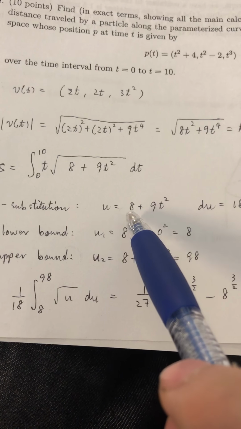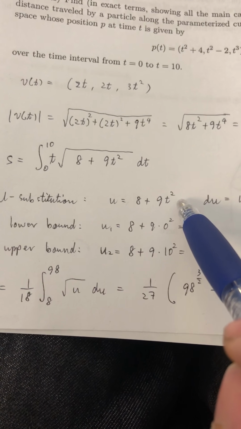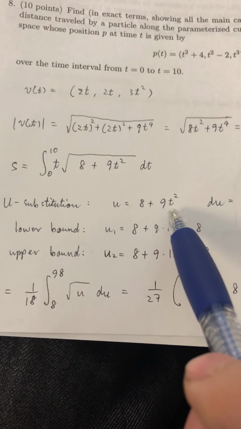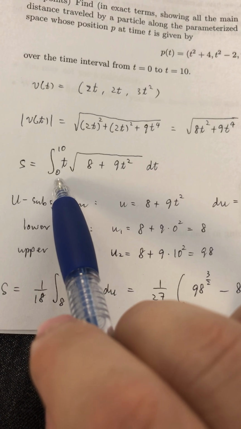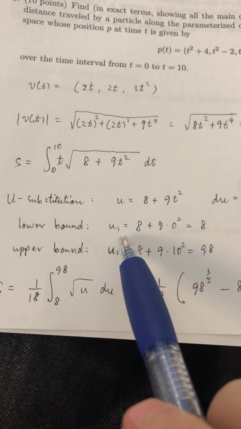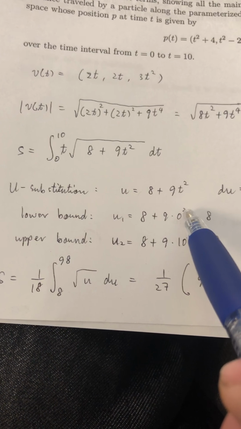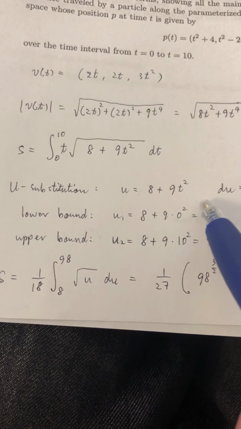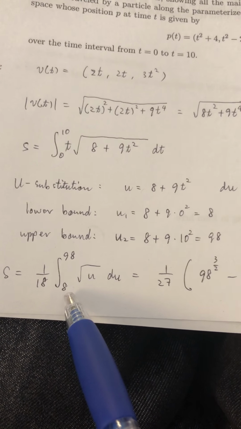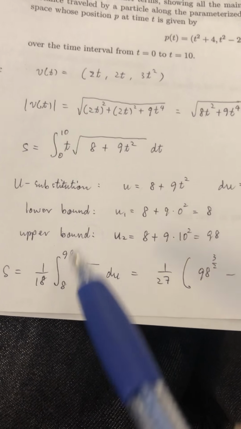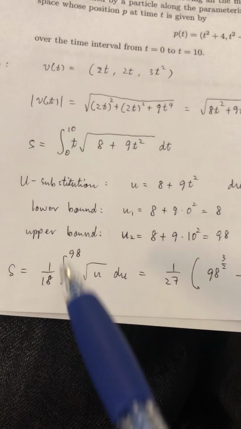Remember, u is equal to 8 plus 9t squared. So when t is equal to 0, then u is equal to 8 plus 9 times 0 squared, which is 8. So this 8 should be the lower bound of u. It is not 0 anymore, it is 8.